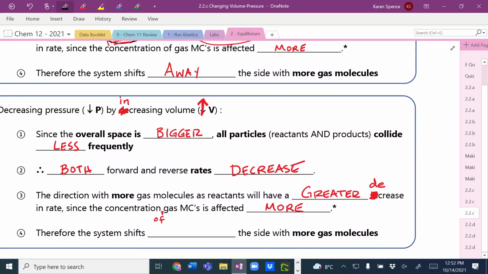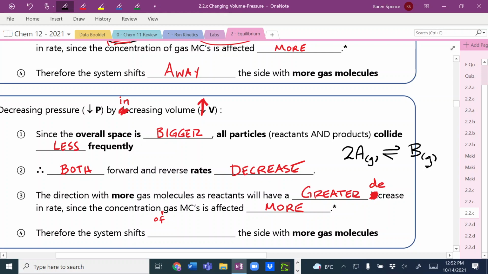And so again, I have trouble thinking through whether this means I'm going to be shifting towards or away from my gas molecules. So I'm going to set up my really, really simple system. It doesn't matter where you put more gas molecules, but you can draw a simple little one. I'm going to have more over here, and I'm going to have less over here.